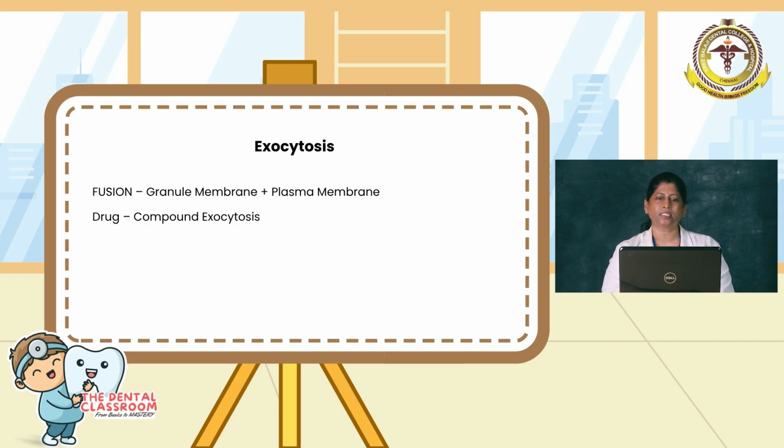The contents are discharged via a process called exocytosis. In exocytosis, there is a fusion of the granule membrane with the plasma membrane of the cell, leading to the release of the contents. When there is an influence of a drug, a compound exocytosis happens.